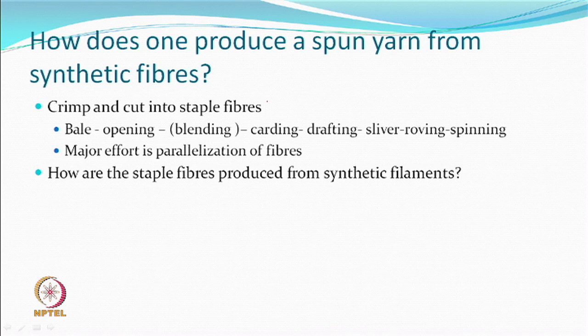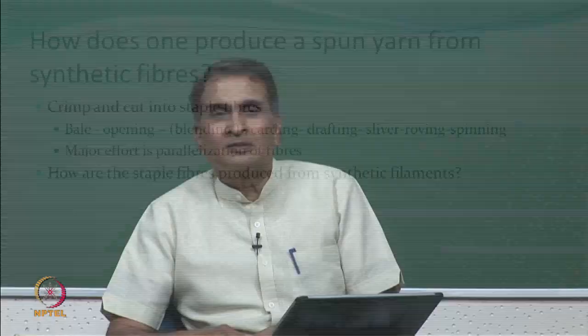And a good amount of these processes are just trying to open fibers and then parallelize them along a desired axis. A lot of work is done. Why did people want to do this process?